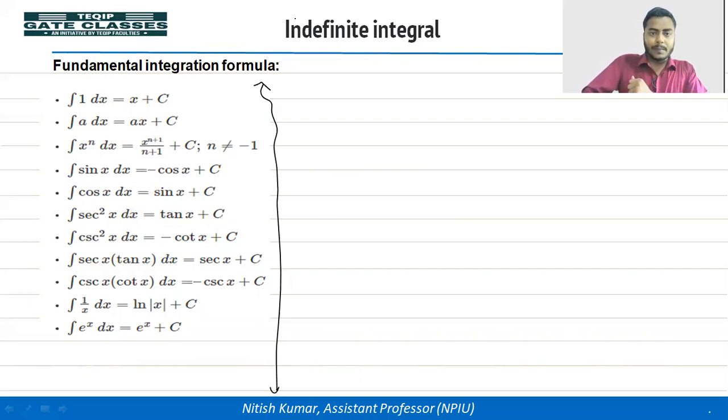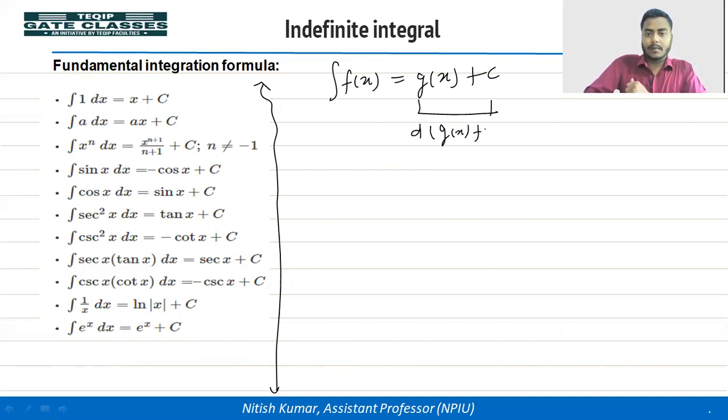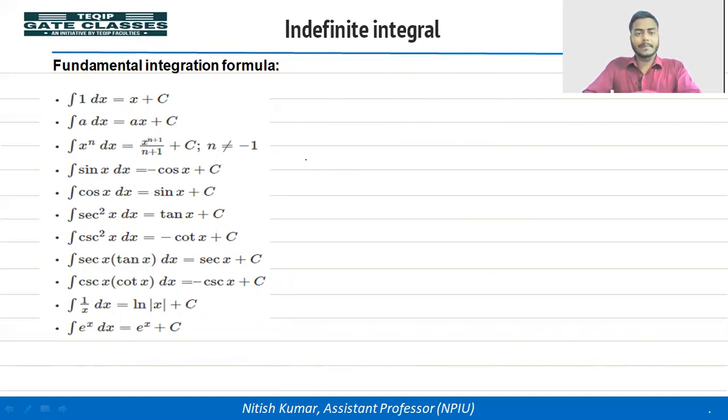Like I said in the previous slide, the integration of f(x) is equal to g(x) plus c. So if you differentiate the right side, it should be f(x), right? So you can check the results here.